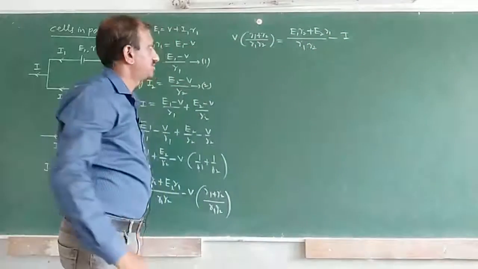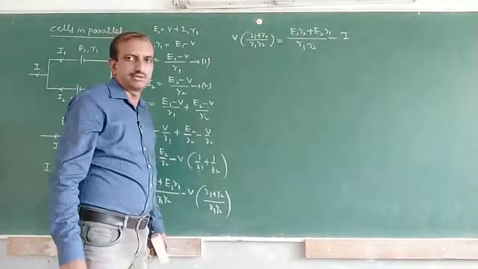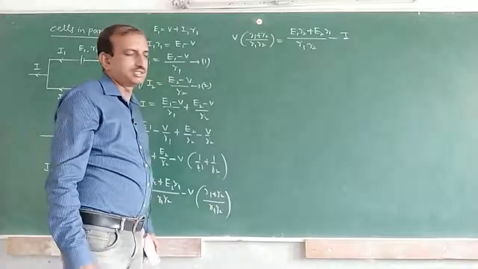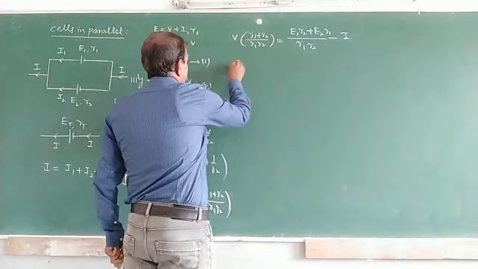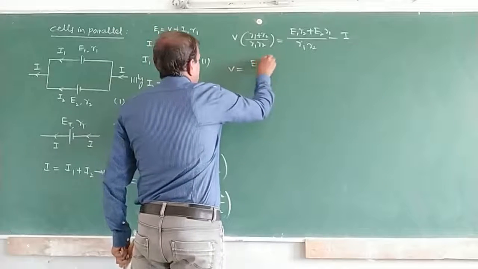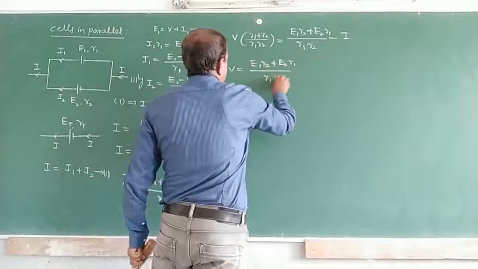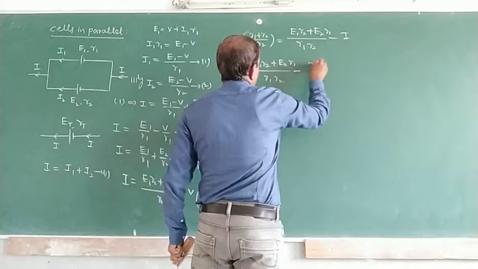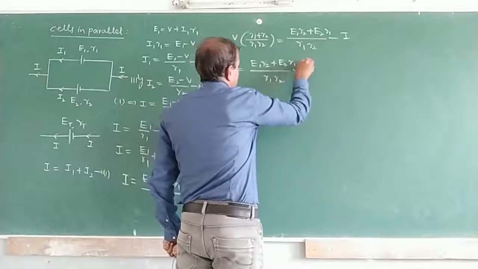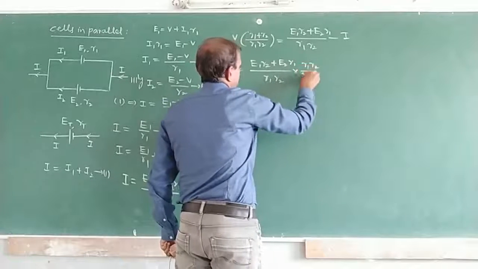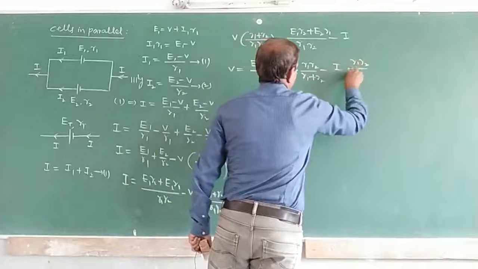V into R1 plus R2 by R1 into R2 is equal to E1 R2 plus E2 R1 divided by R1 into R2 minus I. Cross multiply this: V is equal to E1 R2 plus E2 R1 divided by R1 into R2, multiplied by R1 into R2 divided by R1 plus R2, minus I into R1 R2 divided by R1 plus R2.